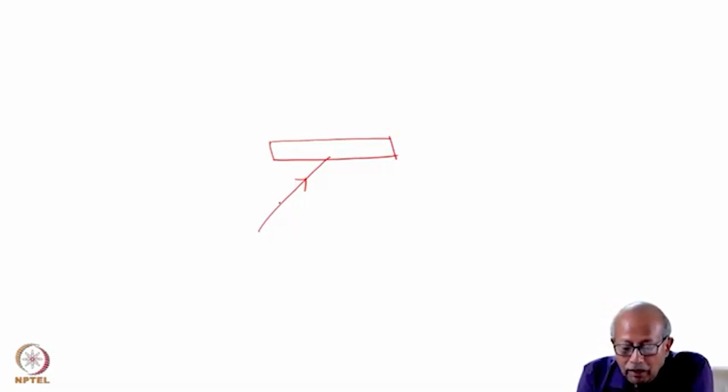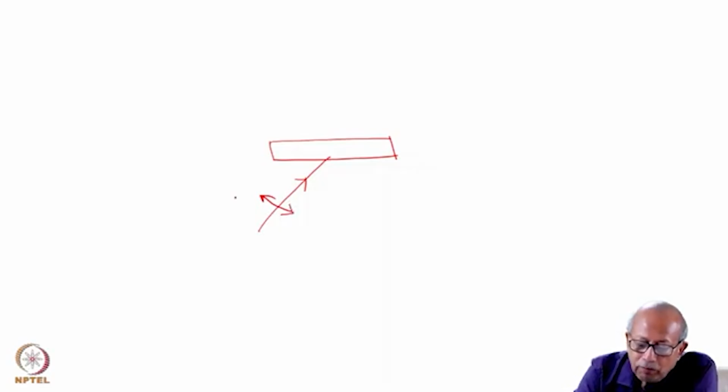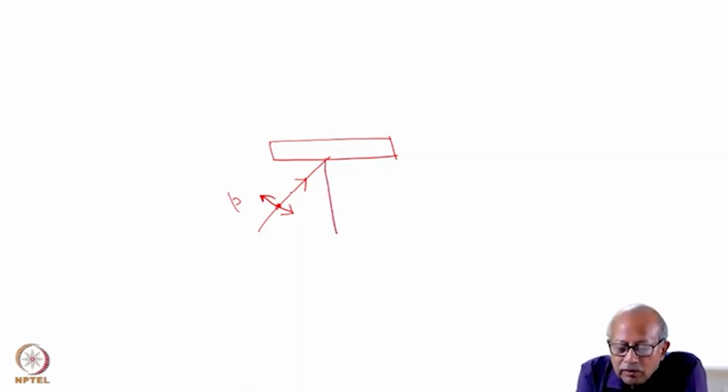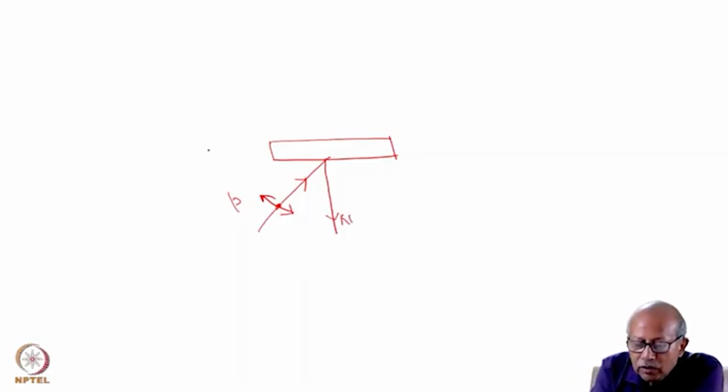then you see, normally we have always light of random polarization. We have seen that random polarization can be resolved into two components. One that lies in the incident plane, the other which is perpendicular to the incident plane. Incident plane is the plane that contains the incident light and the normal. This is the normal and the incident light. So basically, this is the plane.